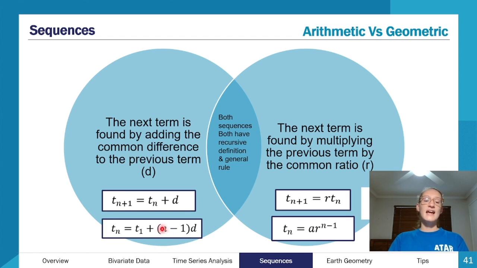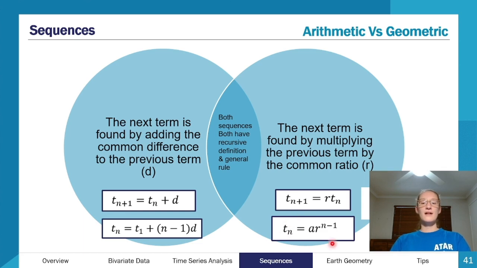You could say let n equal 37, so then it'd be T1 plus 37 take 1 multiplied by whatever the common difference is, and then you're solving for Tn, which is term 37, finding out what number is term 37 in the sequence.